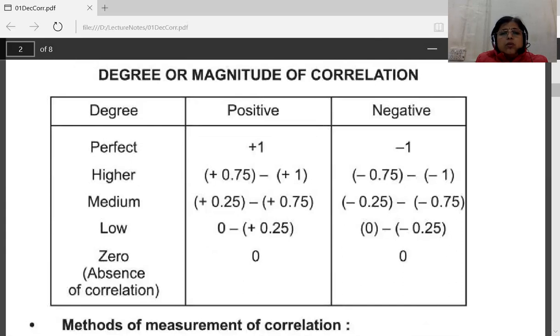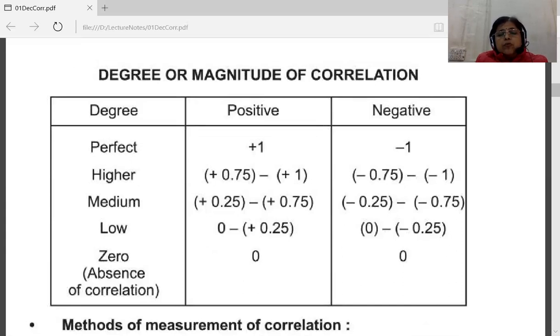Then we can talk about the degree or magnitude of correlation. If the correlation coefficient comes out to be +1 or -1, it is said to be perfect correlation. From 0.75 to 1, be it positive or negative, the correlation is said to be very high. If the correlation coefficient lies between 0.25 and 0.75, the correlation is said to be medium.